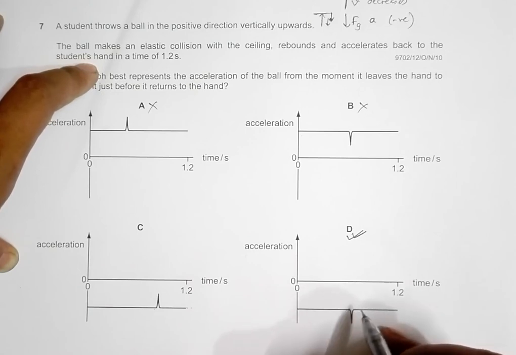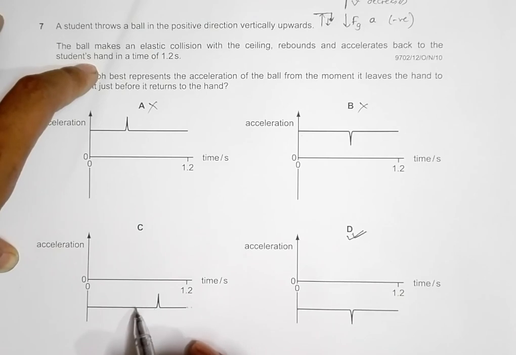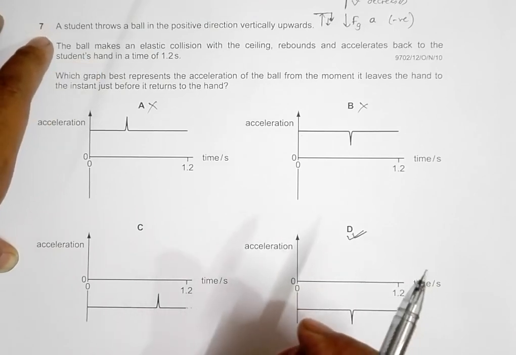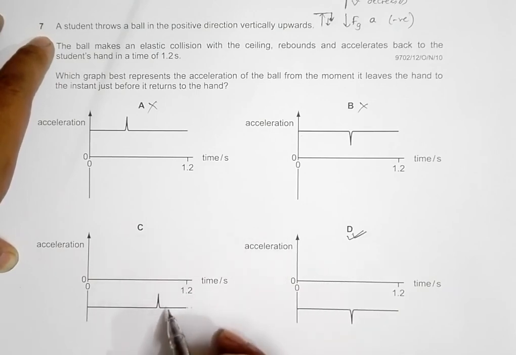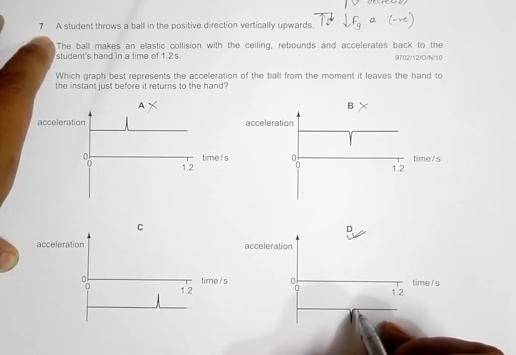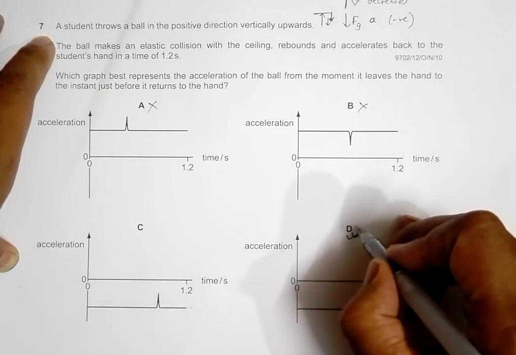So that's why this could be the proper answer, because the time cannot be so short here. The velocity might increase slightly, but it cannot be so great that it is taking less time. So it must decrease slightly only, which is shown here. So the answer should be choice number D.